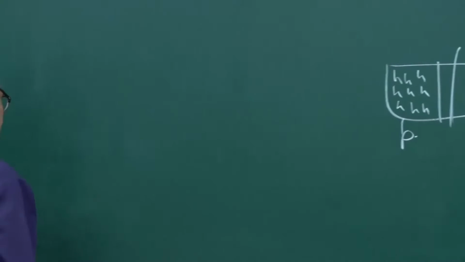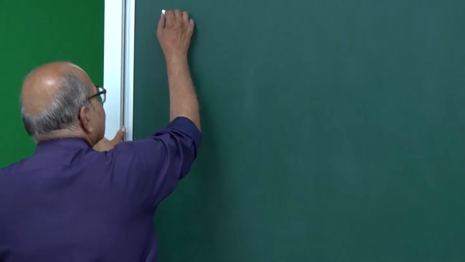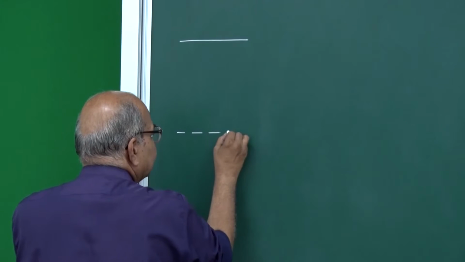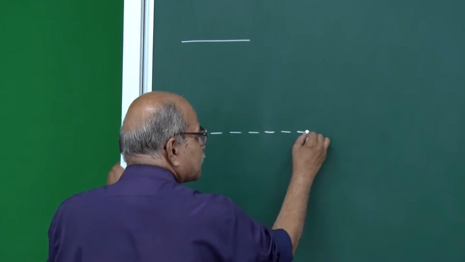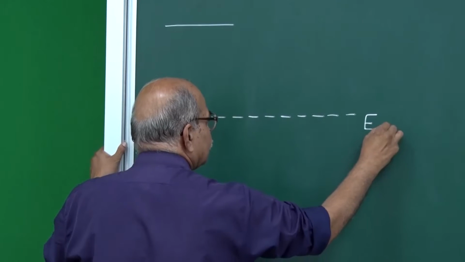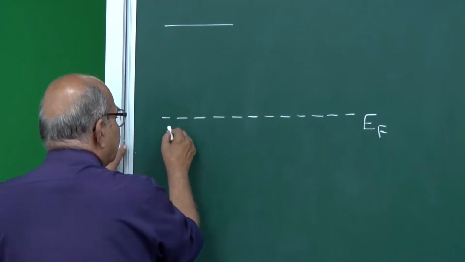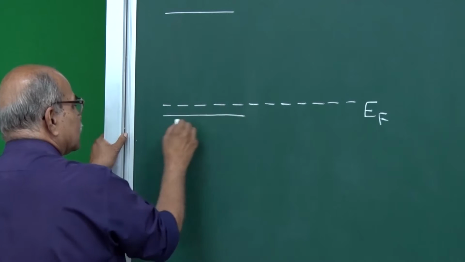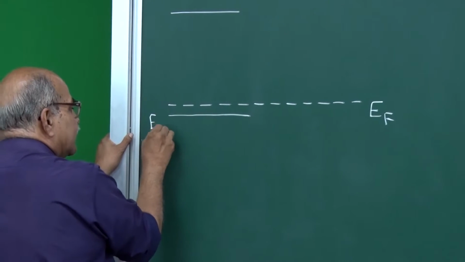Okay. The band looks like this. Suppose you have this Fermi function. We introduced the concept of Fermi energy EF, and for the p side this Fermi energy is close to the valence band edge.